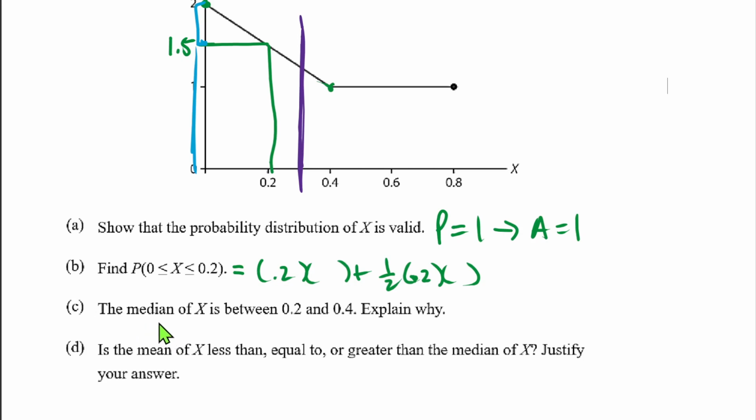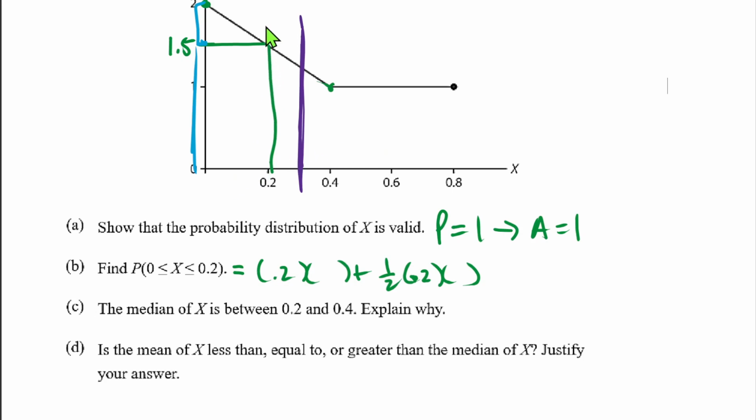Remember, a median is the halfway point on a ranking list, so it divides the whole population into two equal portions. And that means that the area on one side has to be equal to the area on the other side. And if we put it at 0.4, the area to the right would be too small.